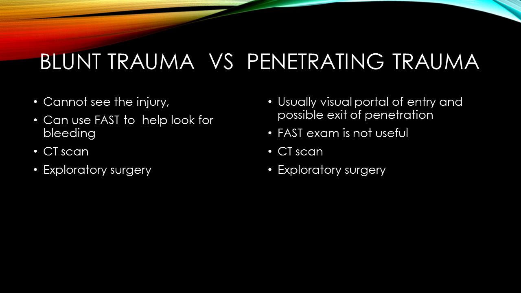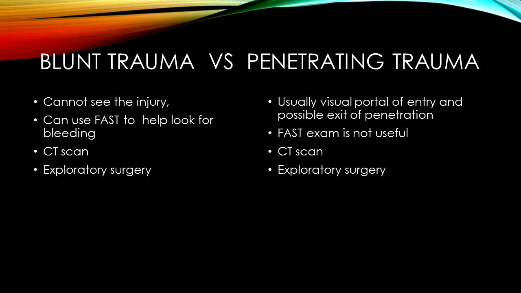You also want to be looking at whether it was blunt trauma versus penetrating trauma. Blunt trauma is going to be harder to assess because you can't see it. You can use the FAST exam, and if you get a positive, it helps to speed things up a little bit to know what areas you need to focus on.